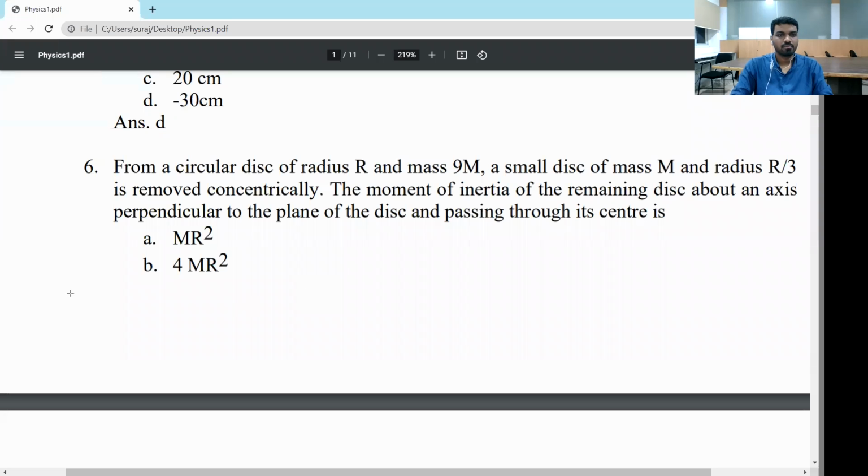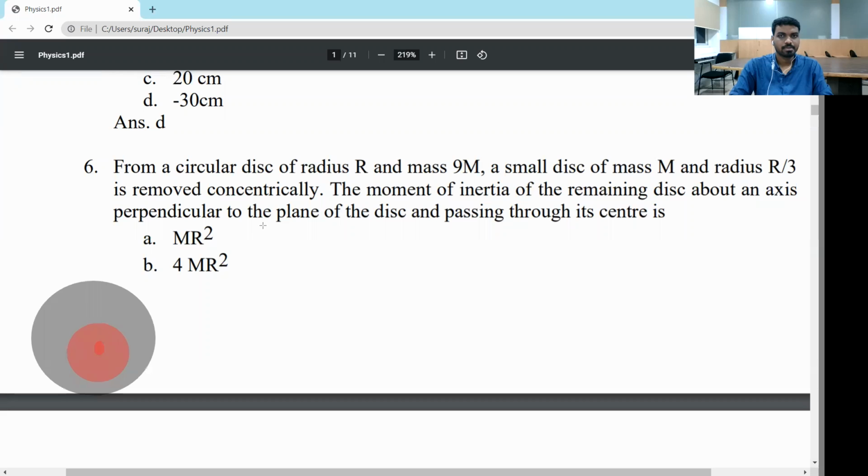There is a disc of radius r and mass 9m. A small disc of mass m and radius r by 3 is removed concentrically.